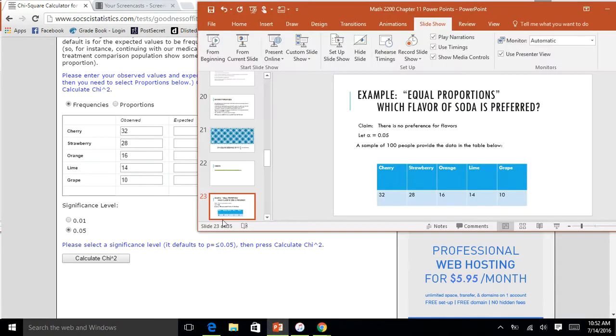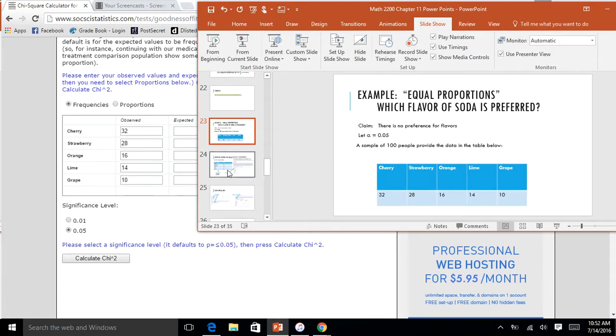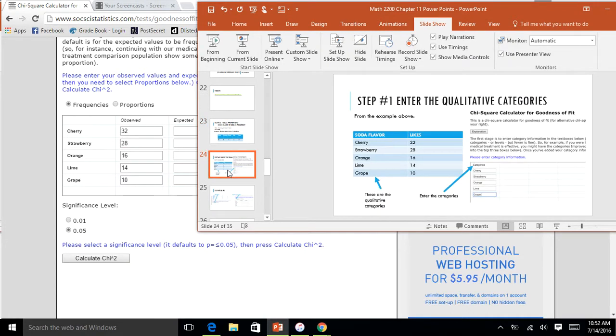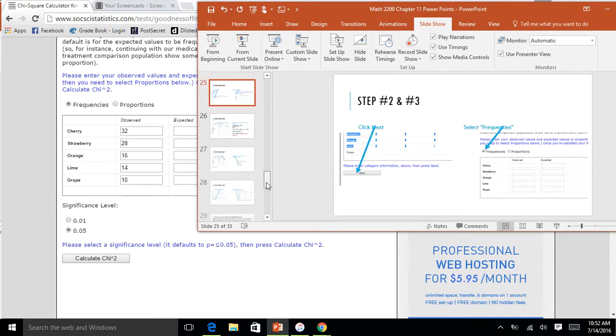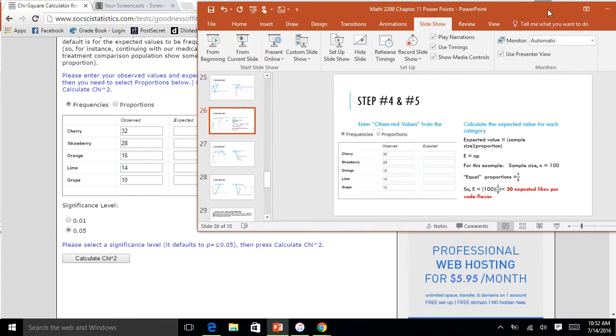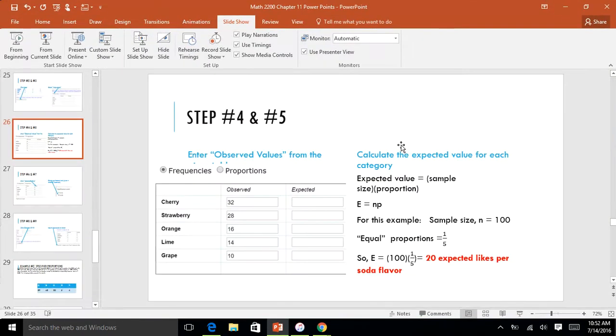Okay. So the next thing it wants me to do on the PowerPoint is my expected, right? So I'll show you the math we did for the expected. Remember, your expected is your N times your P, or your sample size times your percentage or your proportions. So how many categories do I have? I have 5.